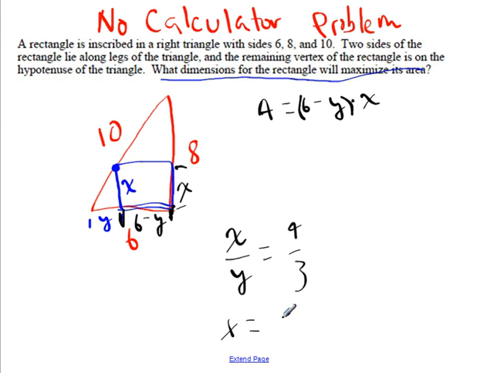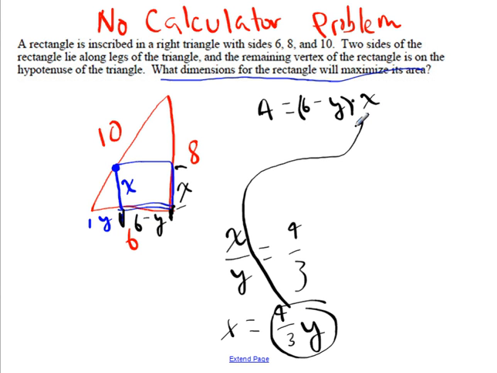Solving for x, we get that x equals 4 thirds y, and then we can put this value in for x. When we do that, we get area in terms of one variable.